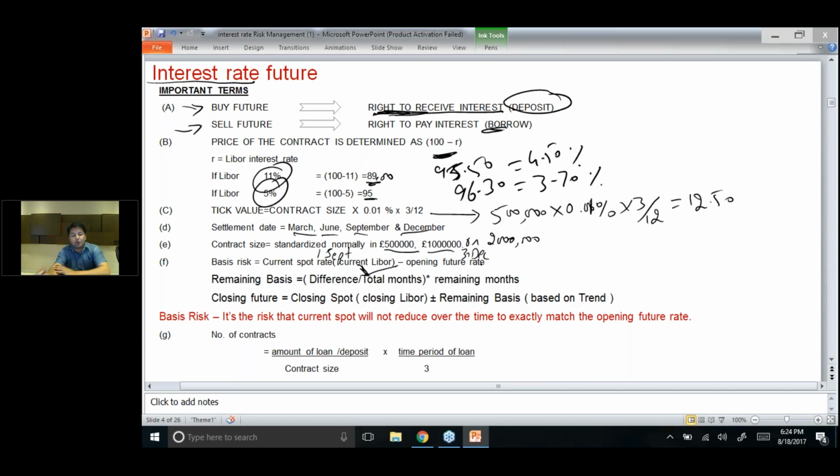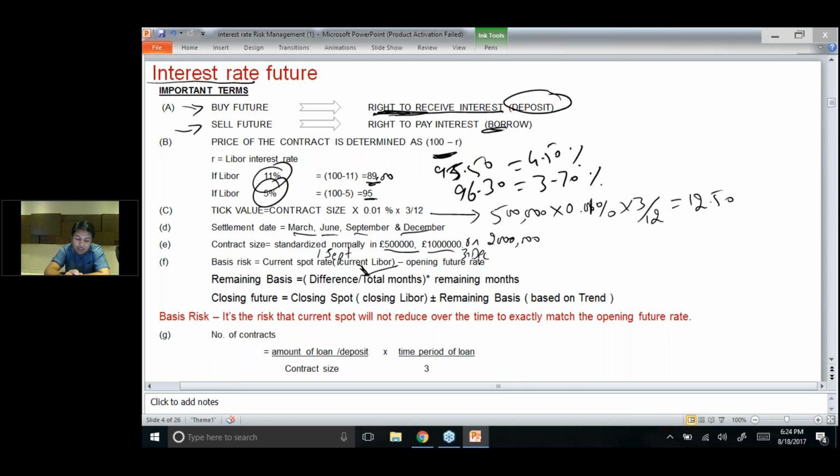And let's suppose you are borrowing on 1st December. So the remaining months are exactly the months before the final date of the future. So difference divided by total months, into remaining months. Remember one thing, remaining months cannot be greater than 2. Because if remaining months are 3, that means you have chosen the wrong date.